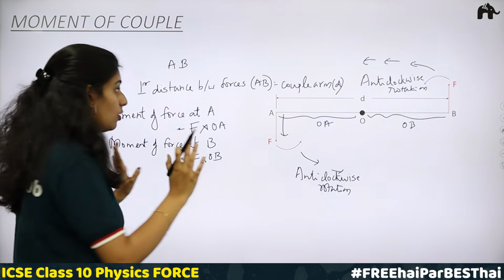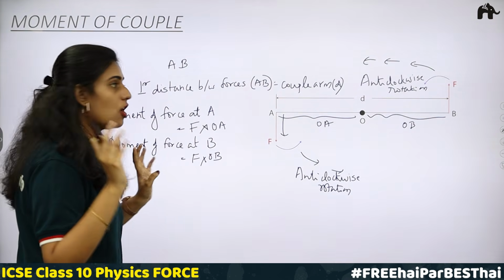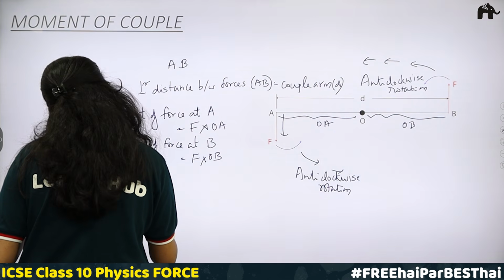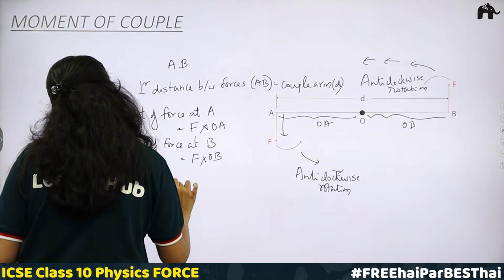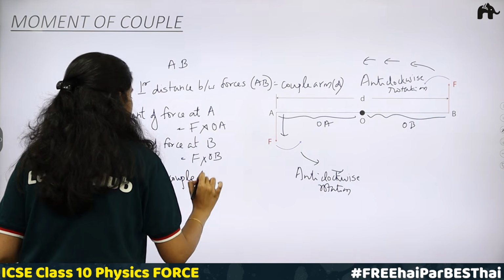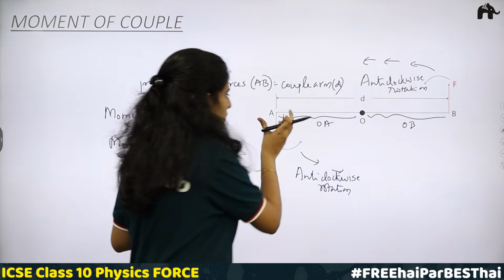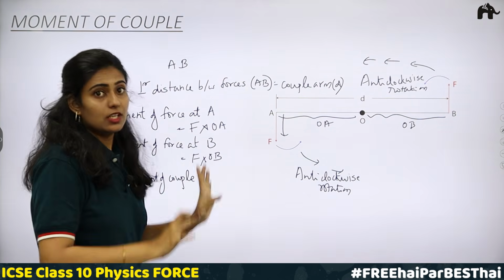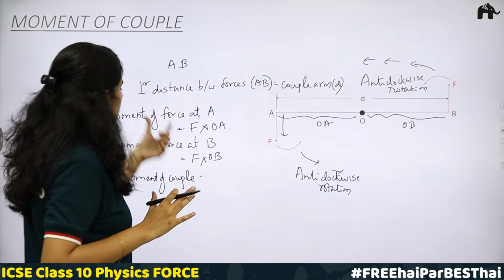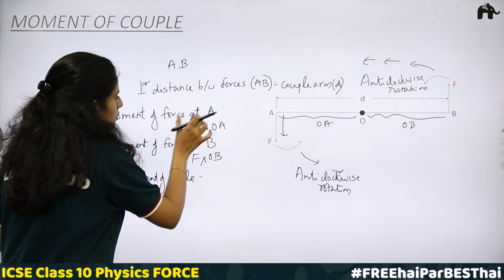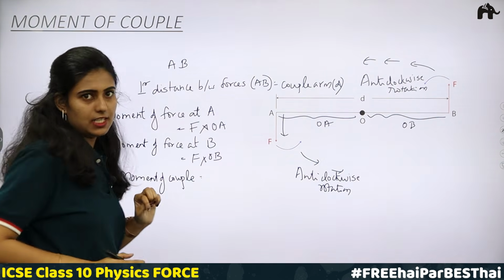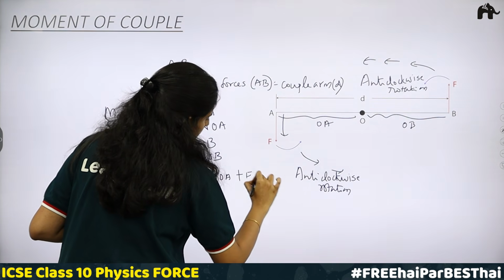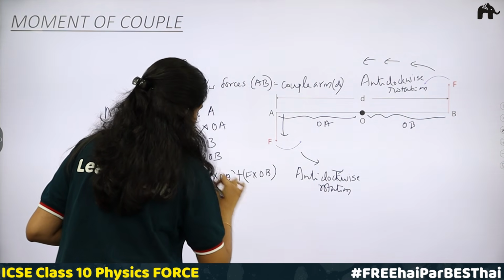Now you have to find what the moment of couple is. A couple is being formed with both these forces, force at A and force at B. This pair of forces is producing a couple. So it will be the sum of both these moments: moment of force at A plus moment of force at B, which is F into OA plus F into OB.